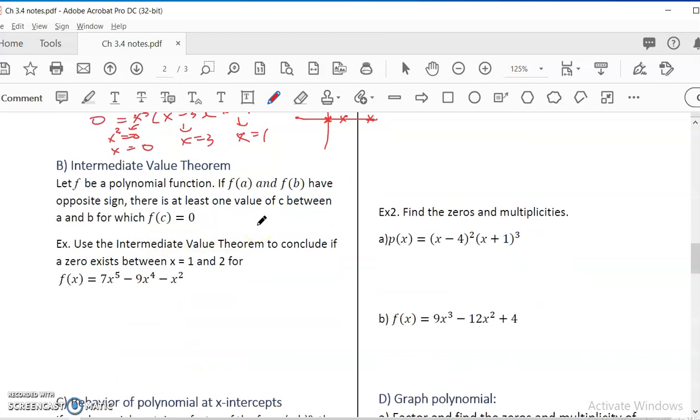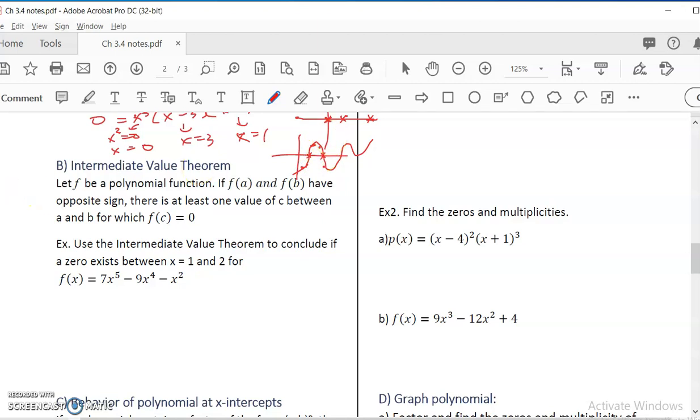So another thing that we notice in a polynomial function is we know polynomial function usually wiggle like this. So when they pass through a 0 on the two sides, they change sign, right? From negative to positive or from positive to negative. So when they pass through a 0.